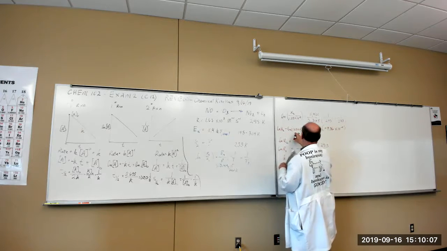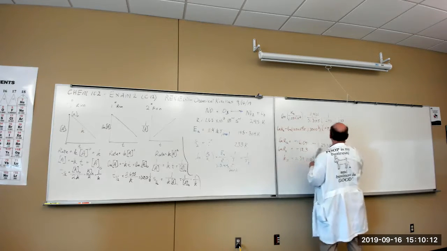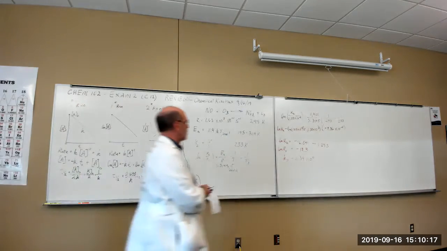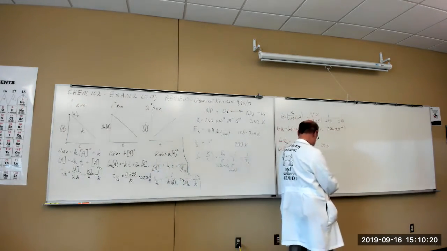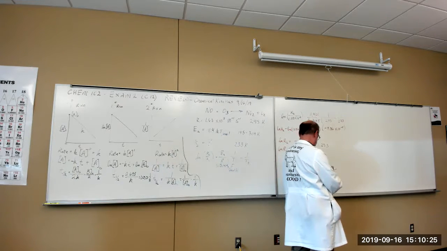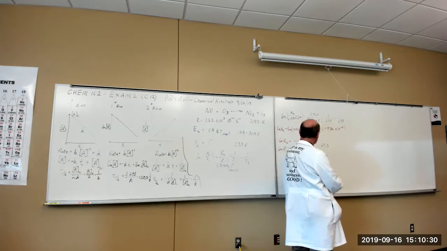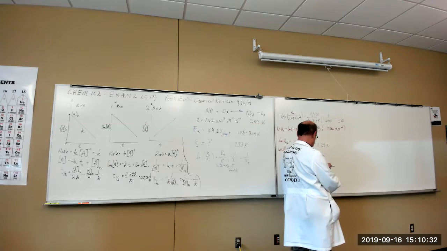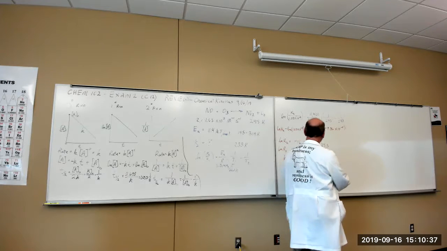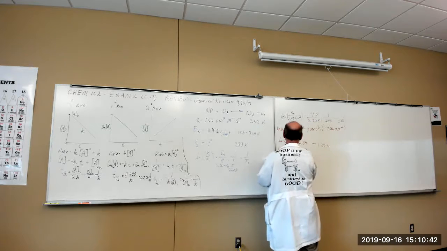This one minus that one. This one times 1 point. Let me see if I did that calculation correct. 10 minus 4. That's right. This is right. That should be right.